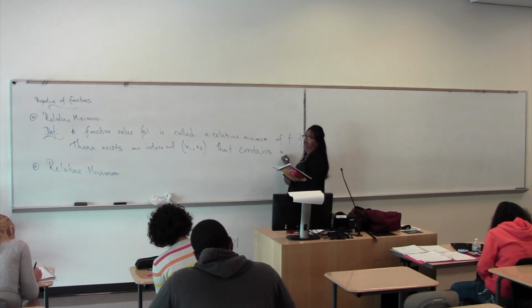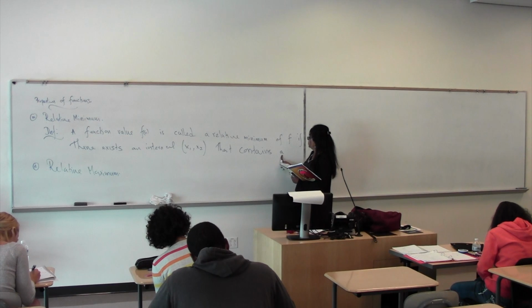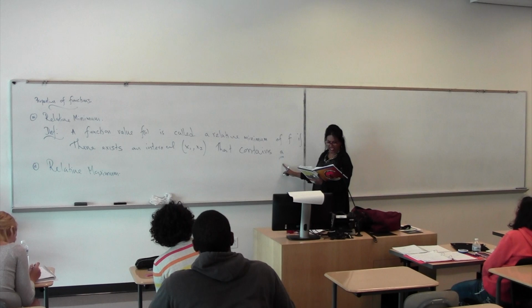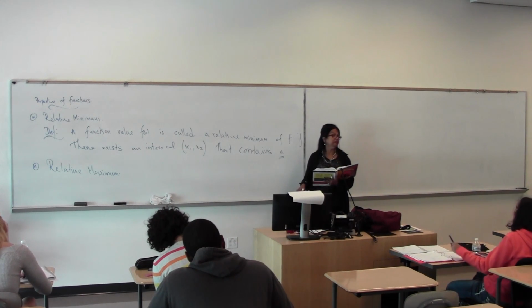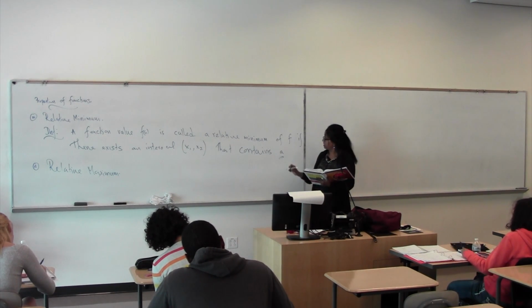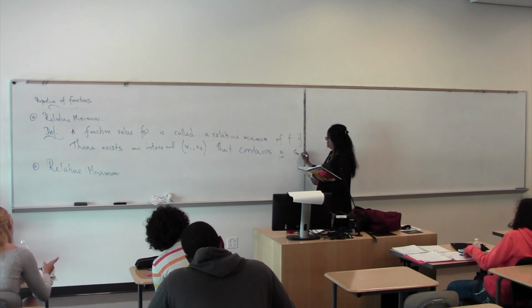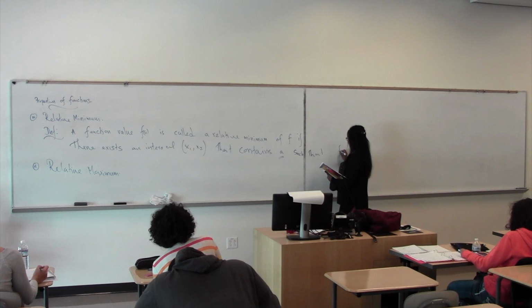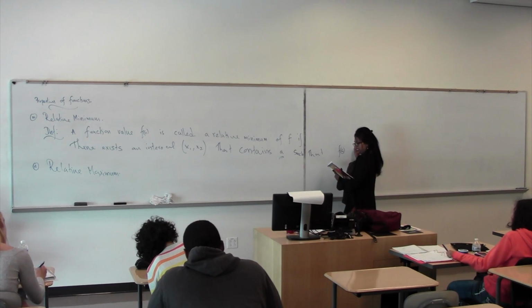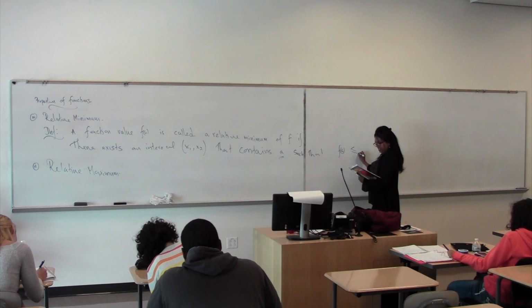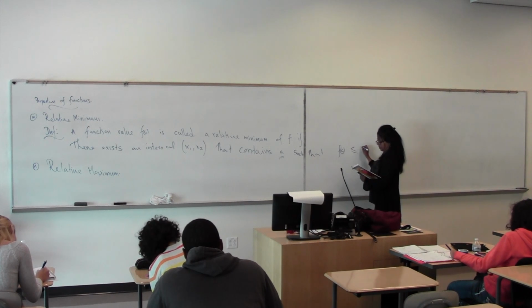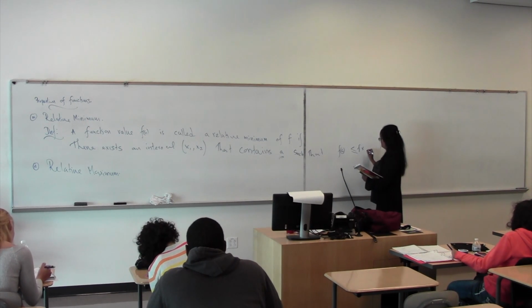A is a domain number, a comes from the domain, because of f of a, right. That contains a in that little open interval, such that, now there's a condition. What does it say? F of a value has to be less than or equal to f of x.